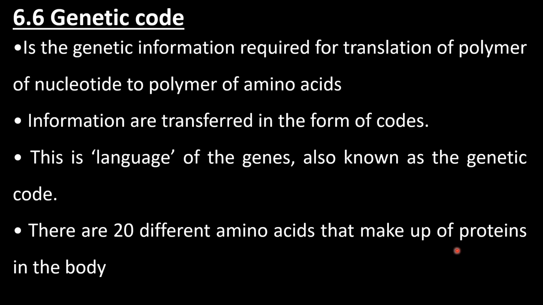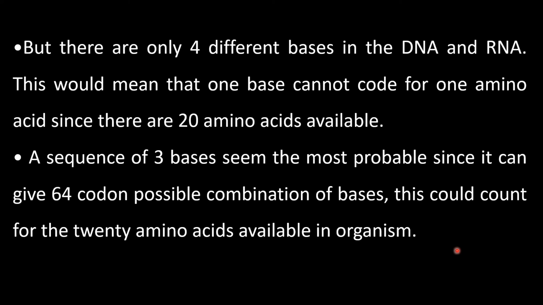Information is transferred in the form of codes. This is the language of genes and is also known as genetic code. There are 20 amino acids that make up proteins in the body. But there are only 4 different bases in DNA and RNA.